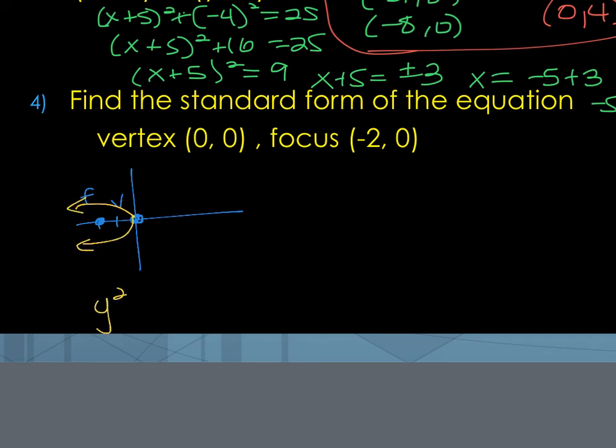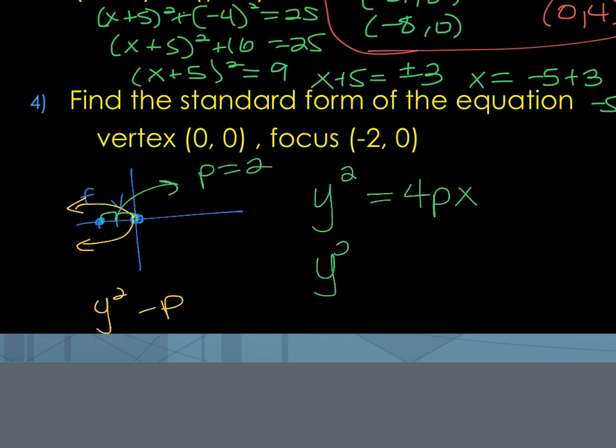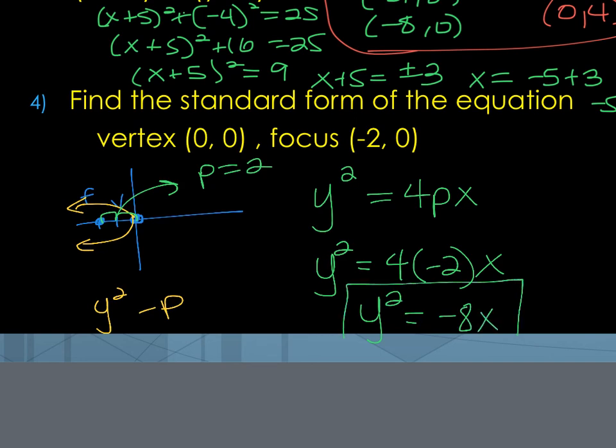And what's true about p? Negative. So the p-value comes from literally the distance between these. P would be 2. And then I already know the vertex is at 0, 0, so I can simply plug it in. It would be y squared equals 4p times x. So y squared equals 4 times negative 2 times x. Y squared equals negative 8x.